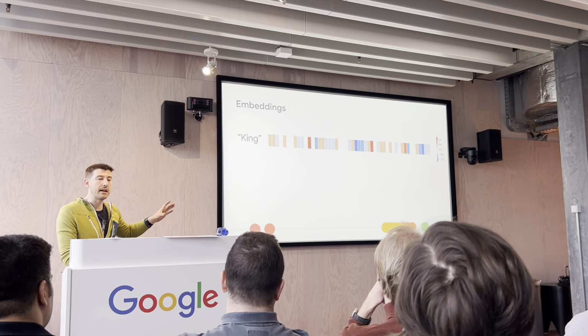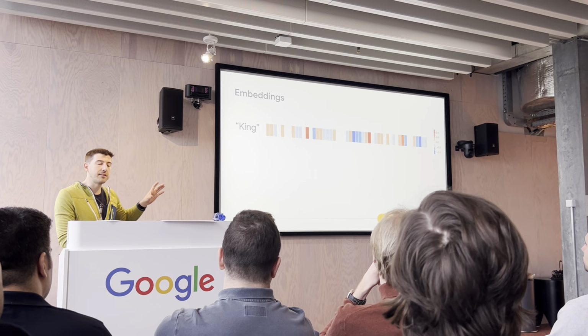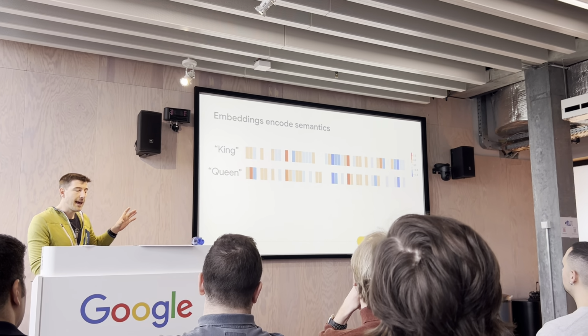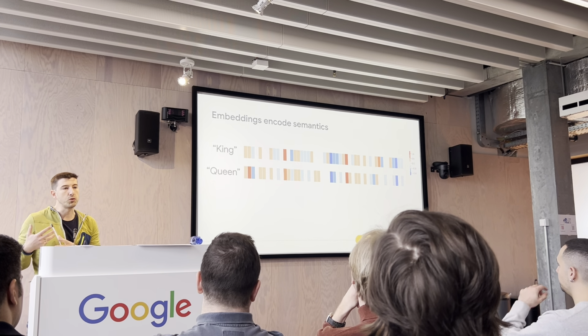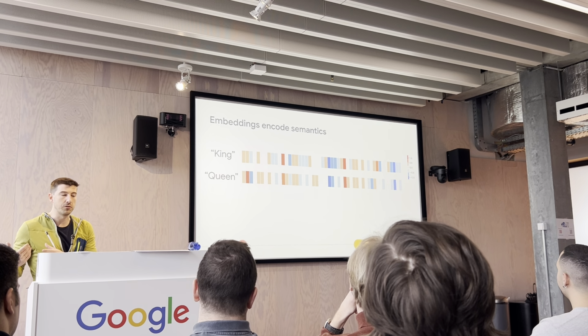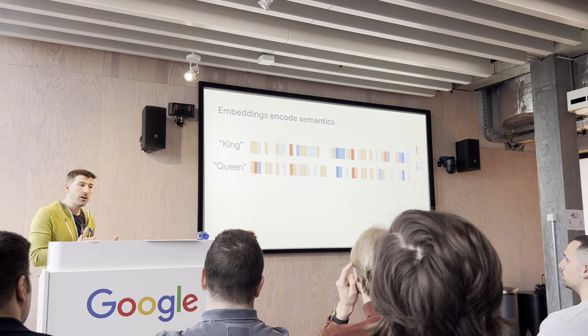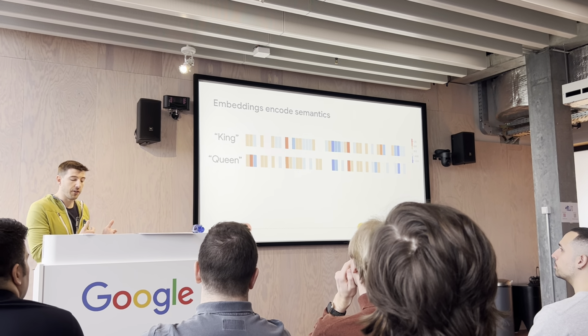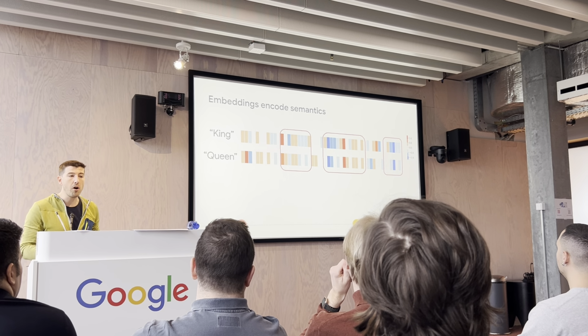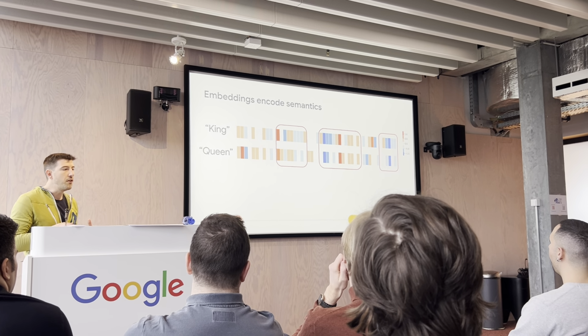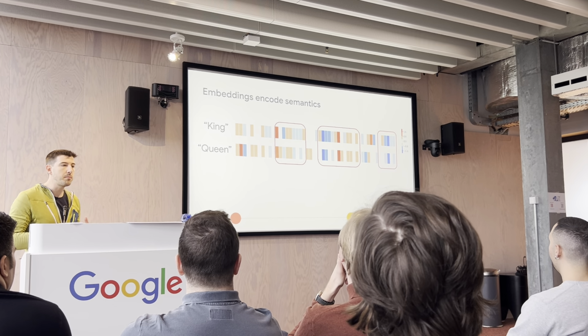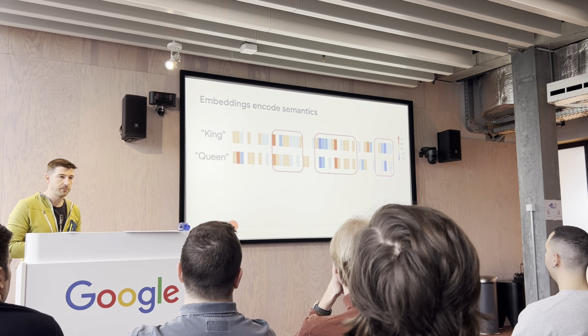And a good embedding encapsulates the semantics, meaning that a semantically close word or other input, like queen, has an embedding which is very, very close to each other. And as you see, some parts of these embeddings look very, very similar. And this is the power of a good word-to-vec implementation.